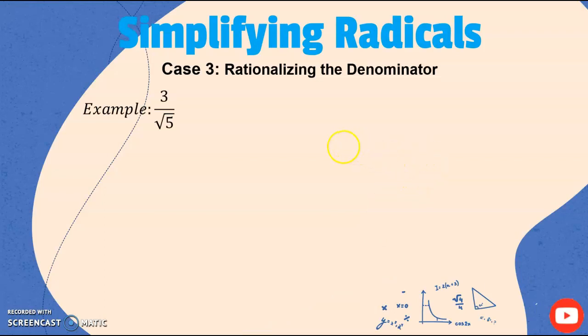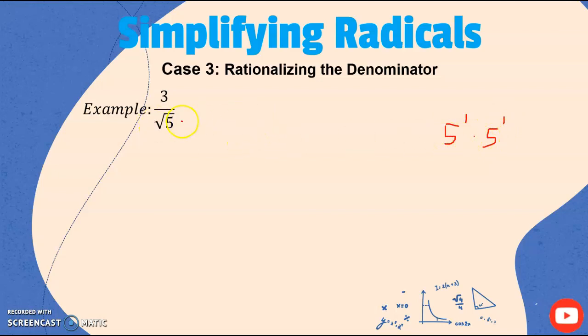Now, for us to get rid of that radical symbol, we have to consider what should be multiplied with 5 to make it a perfect power of 2. That's 5 to the power of 1, right? So what should be multiplied with 5 to the power of 1 to make it a power of 2? It's the same, 5 to the power of 1. So 5 times 5 is going to be 5 squared.